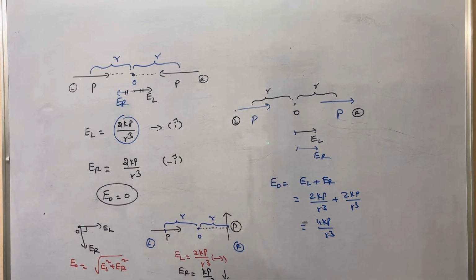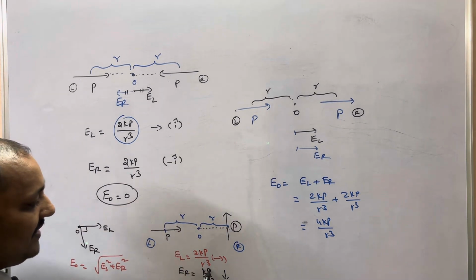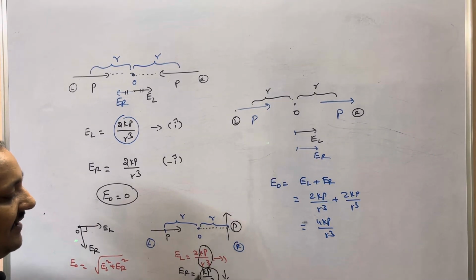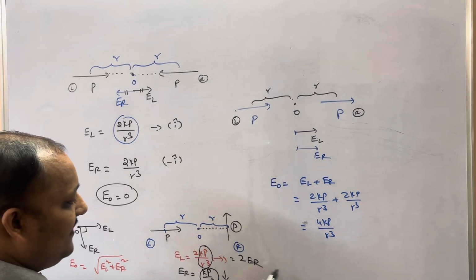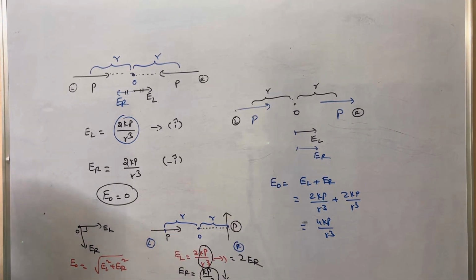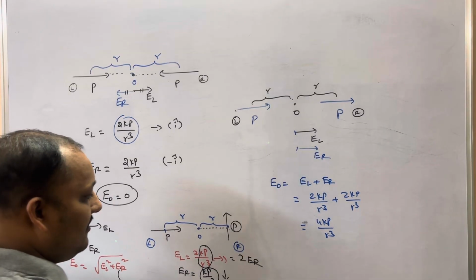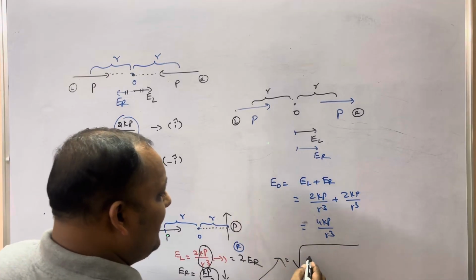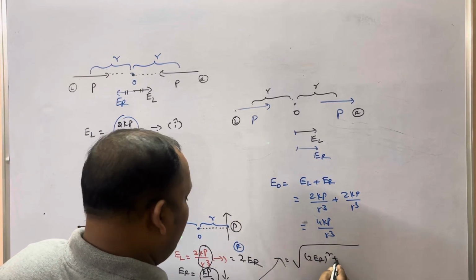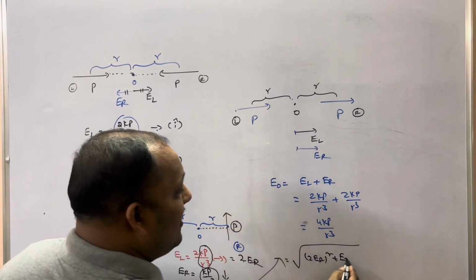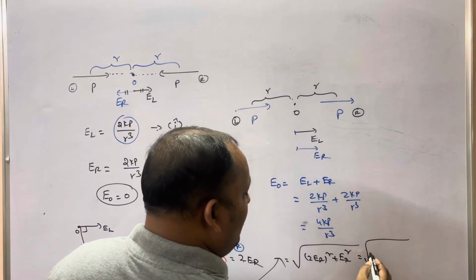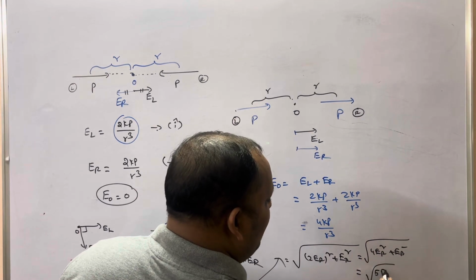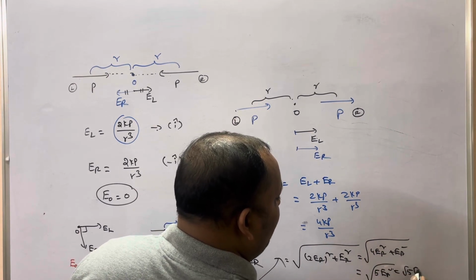Now kp by r cube is going to be ER, so in place of kp by r cube we can write ER, and EL is 2 times ER. Substituting, root of (2ER) whole square plus ER square, that is root of 4ER square plus ER square, which is root 5 ER square, that is root 5 ER.